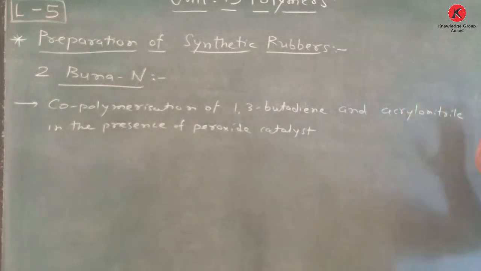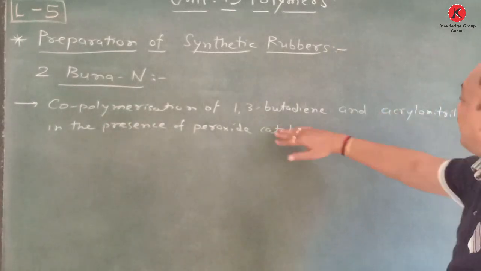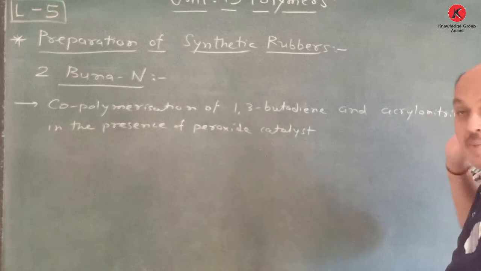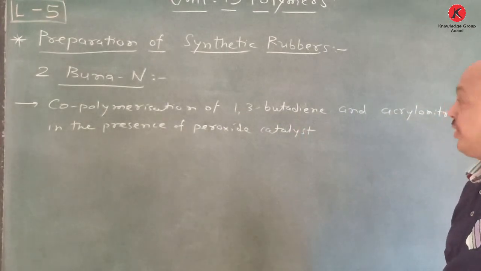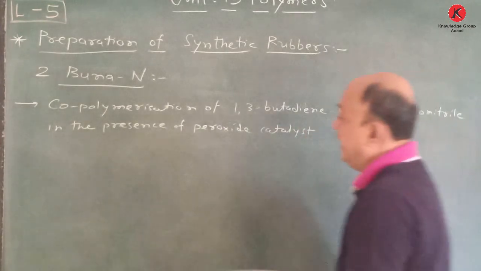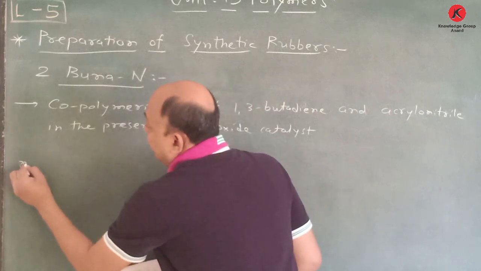So what is the formula of buta-1,3-diene and what is the formula of acrylonitrile? If you know very well, then you are able to write the reaction very easily. So write down the reaction.